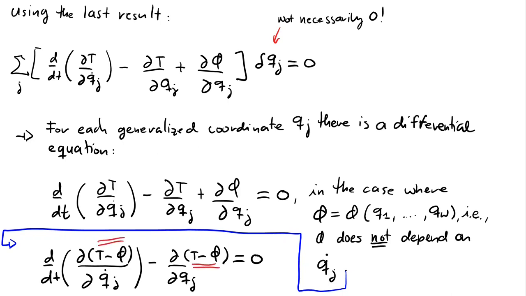This quantity, T minus phi, is called the Lagrangian function.